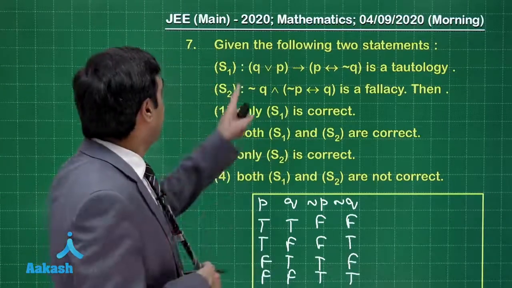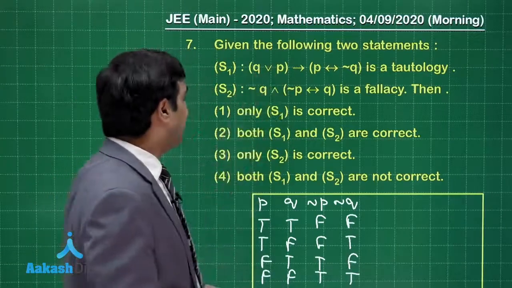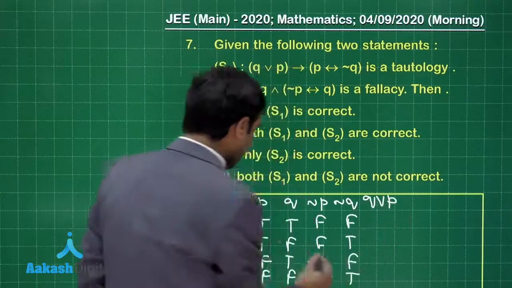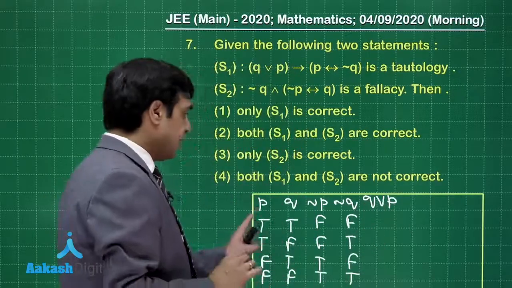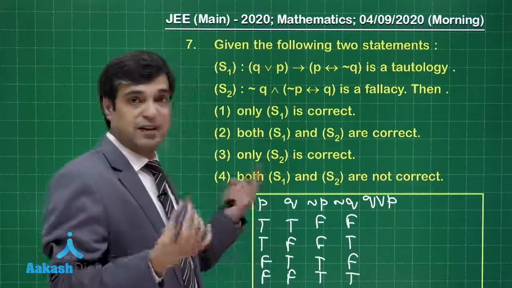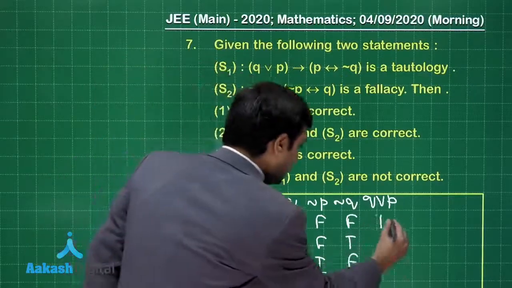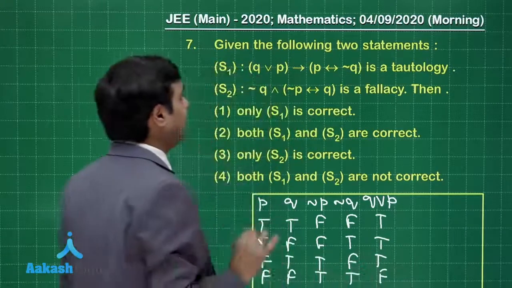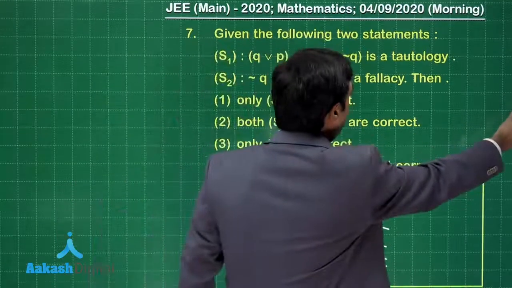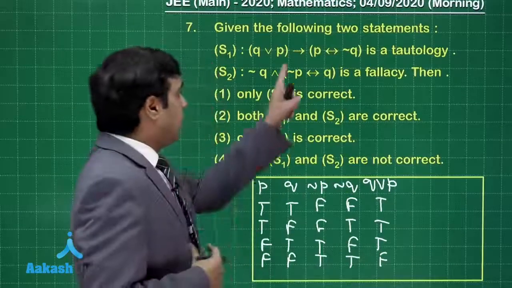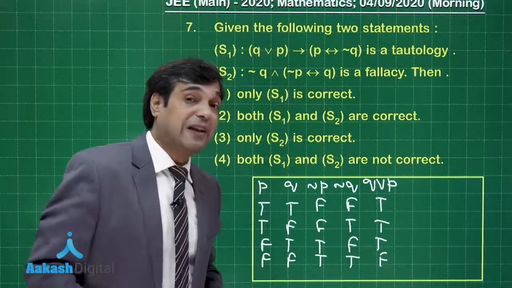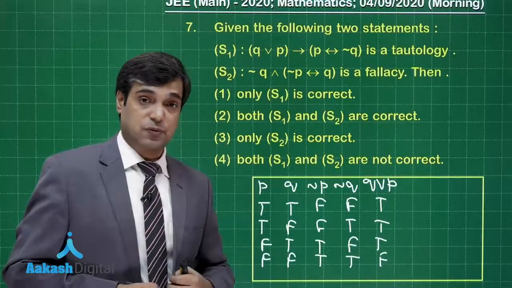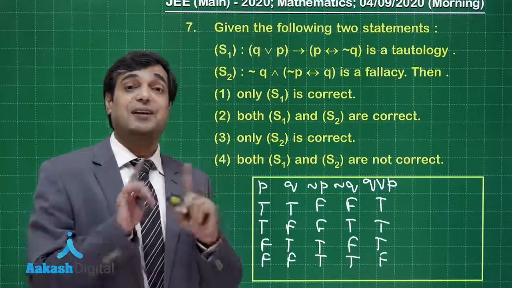Moving forward, we have Q or P. For Q or P, if even one is true, the result will be true. So let's write down T, T, T, F. Next, P if and only if negation Q. Now the if and only if statement is false when both the inputs are different.